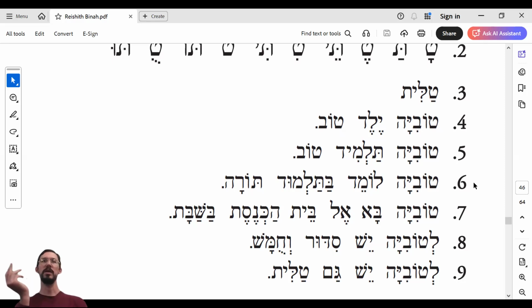So Tovia studies in a yeshiva, like in a Torah school, or a Torah Academy.